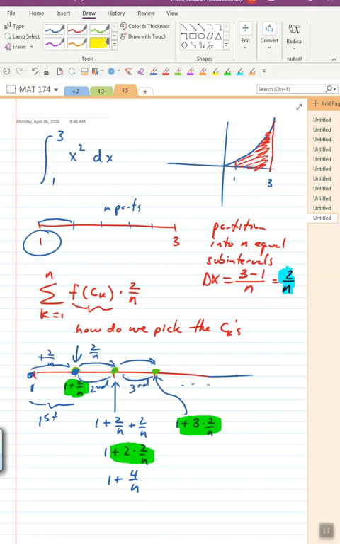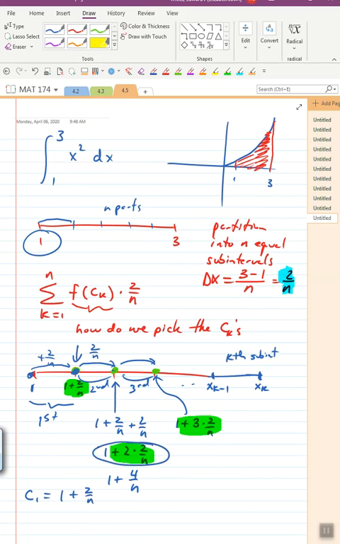Let's say I've gone out here to the kth one. Let's say this is the kth subinterval, which means this is xk and this is xk minus 1. Okay, down here at the bottom, what are we saying the first point is? It was the first endpoint, which was 1 plus 2 over n.